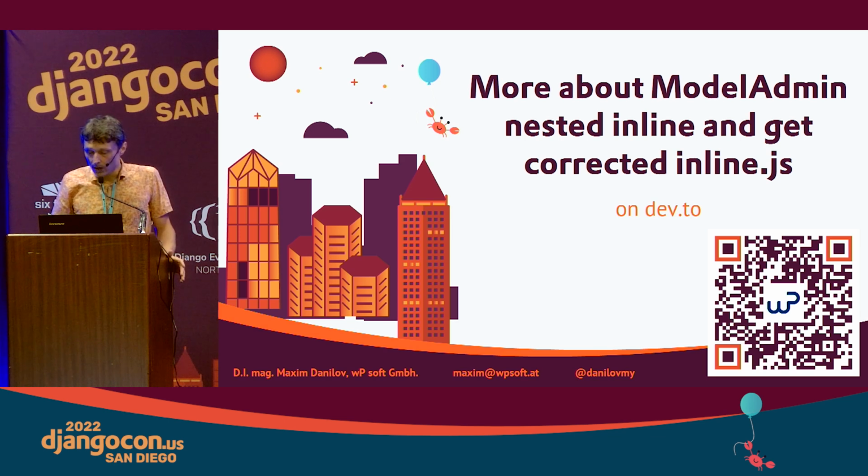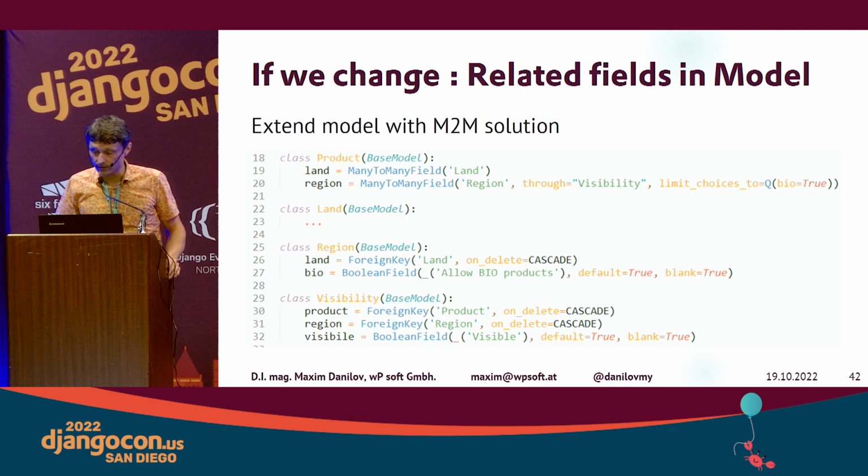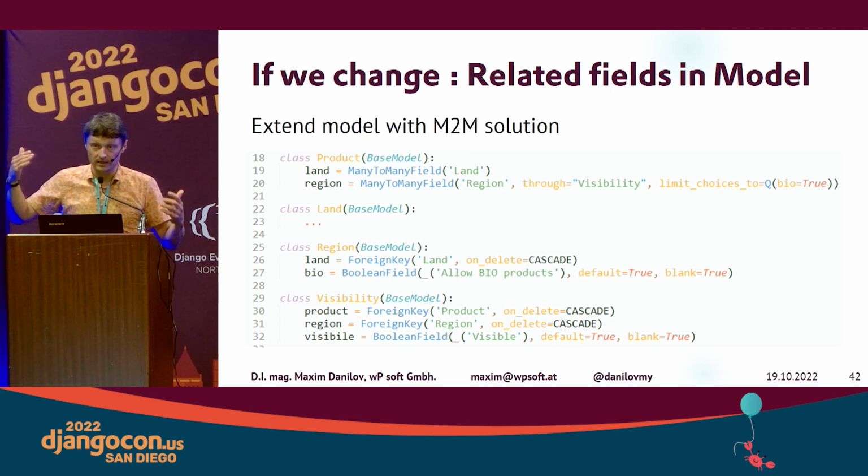And right now we can go deeper in our relations. Relation fields. To create any inline, we need a relation. And some problem we have if we start to use many-to-many relation. For example, we extend our solution for product. Product can be produced in a land, for example, ski. I'm from Austria.